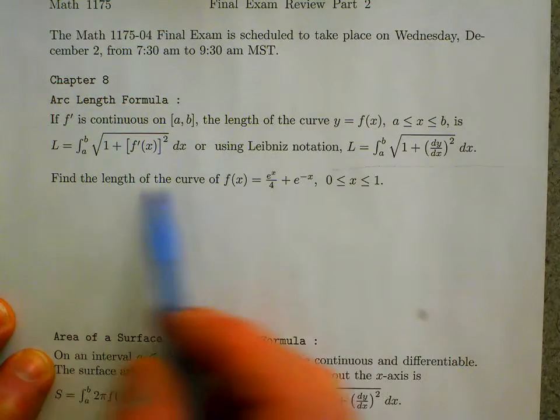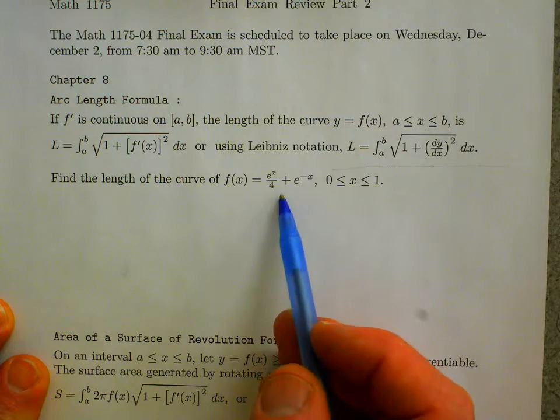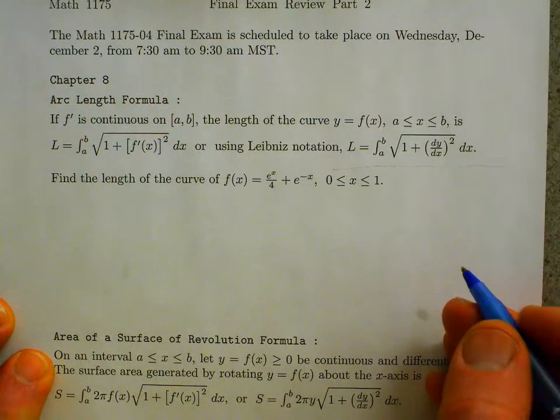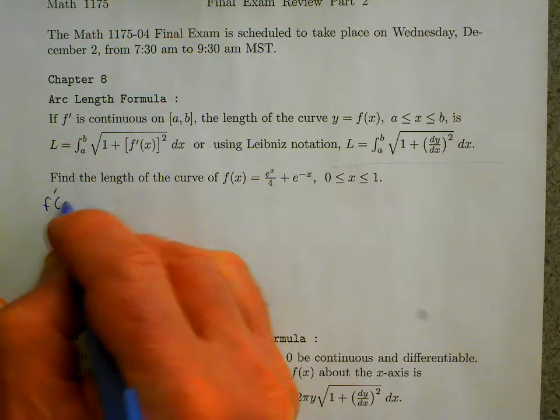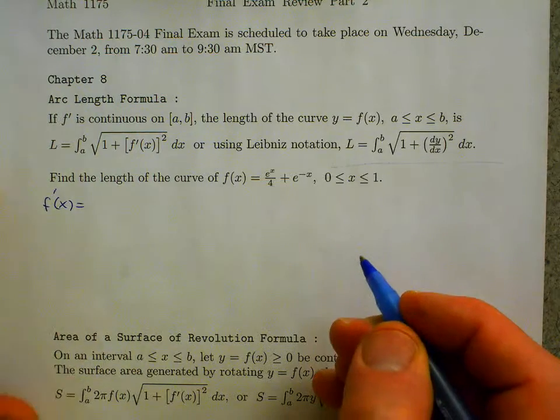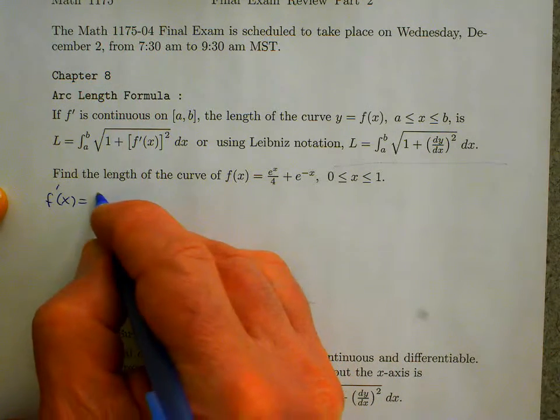Find the length of the curve of f of x equals e to the x over 4 plus e to the negative x. Okay, so we need to find the first derivative. The derivative of e to the x over 4 with respect to x is e to the x over 4.